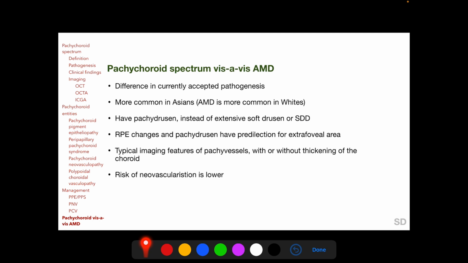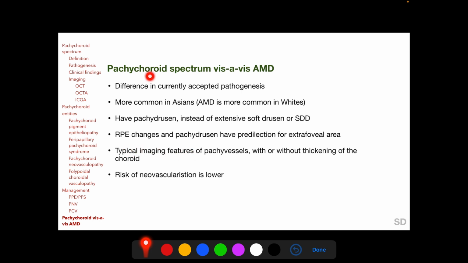Pachychoroid spectrum is more common in Asians, particularly East Asians, and AMD is more common in whites. Pachychoroid spectrum diseases have pachydrusen instead of extensive soft drusen or subretinal drusenoid deposits, which are found in AMD. RPE changes and pachydrusen in pachychoroid spectrum have a predilection for extrafoveal retina as compared to RPE changes and drusen of AMD, which have a predilection for the foveal area.